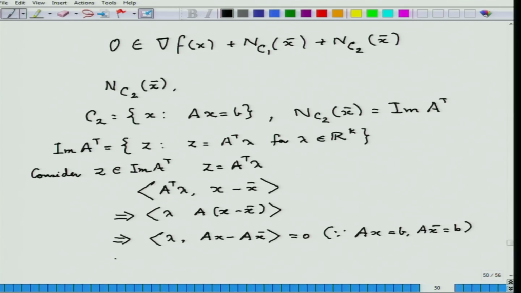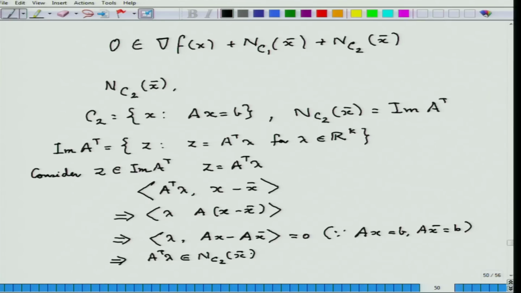Now this would imply that A transpose lambda is an element of the normal cone to C2 at x bar.